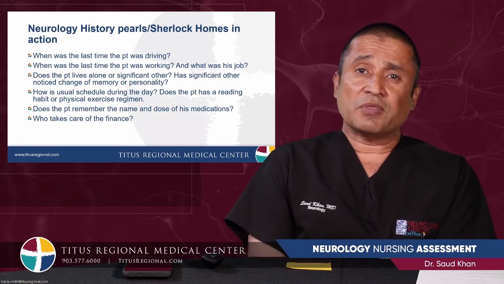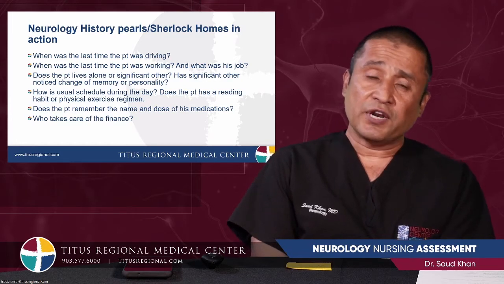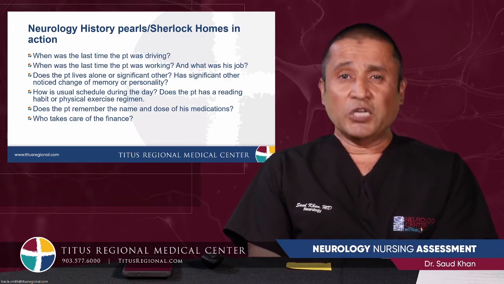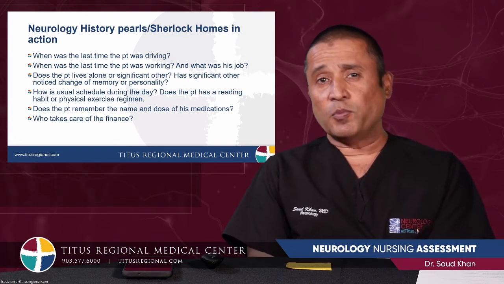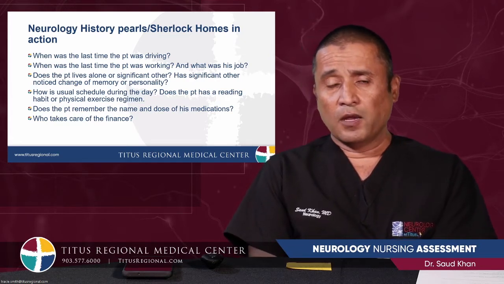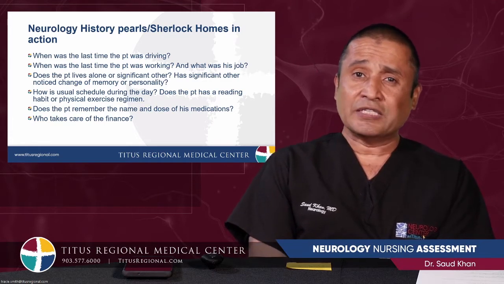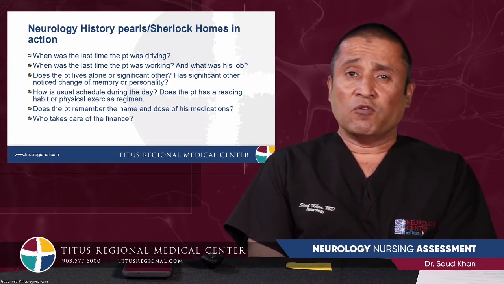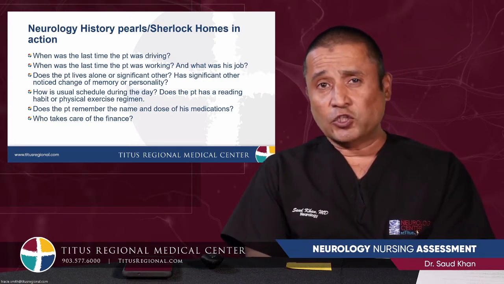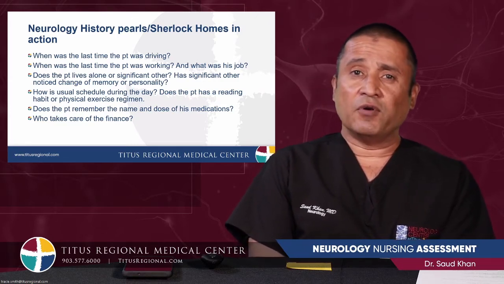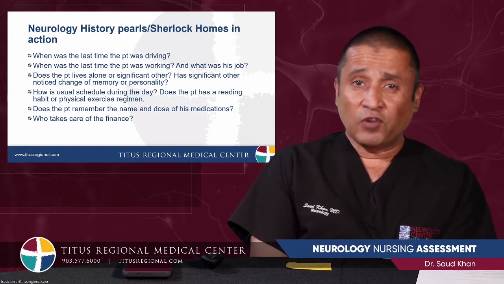In stroke, the patient may have sudden onset of speech problem. It could be expressive aphasia, receptive aphasia, or some fluency problem. The patient will have impaired speech. They can have facial droop. They can have one arm and leg weakness.